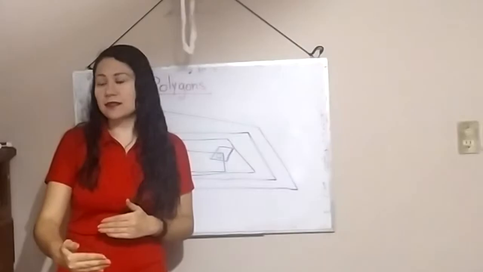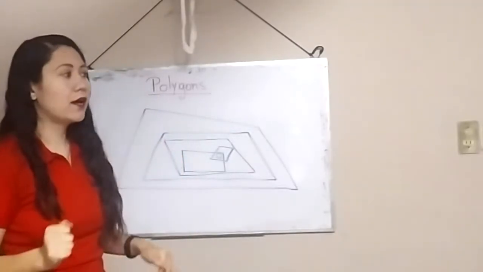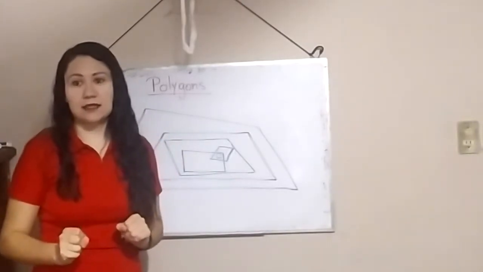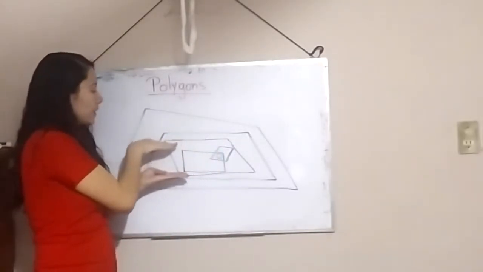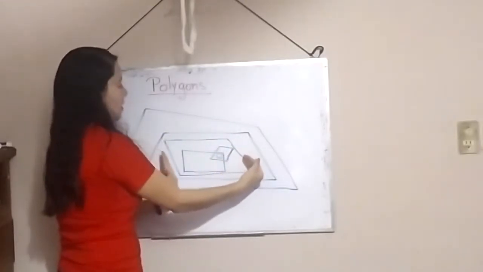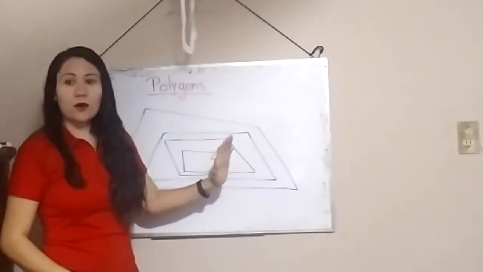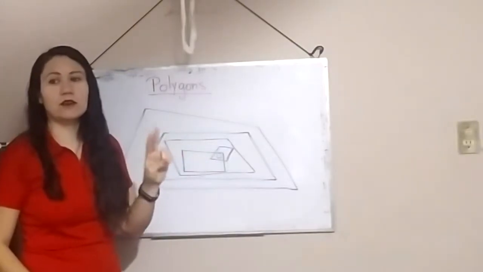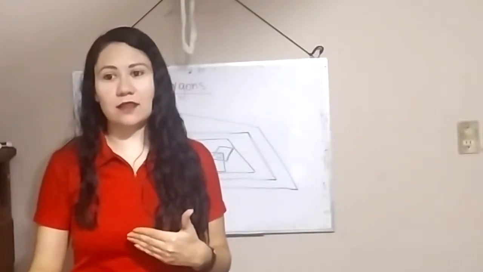So the next is the parallelogram. Parallelograms have two pairs of parallel sides, okay? And here we have an example, okay? These two sides are parallel and these two sides are parallel as well, okay? Now you may notice that the figures inside also have two pairs of parallel sides, but they also have another characteristic, okay?